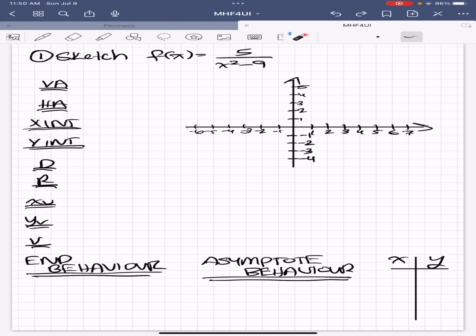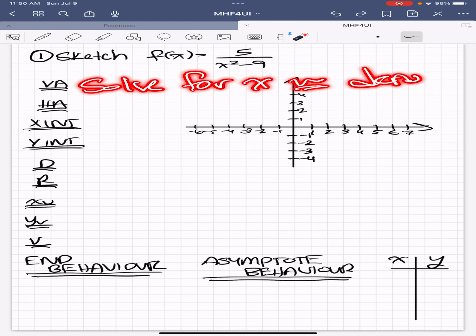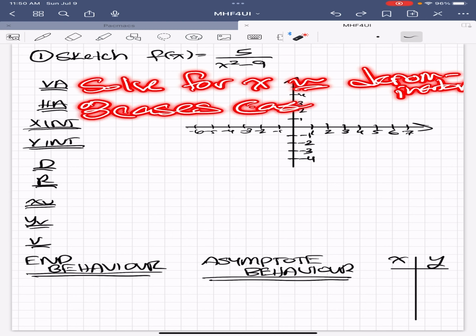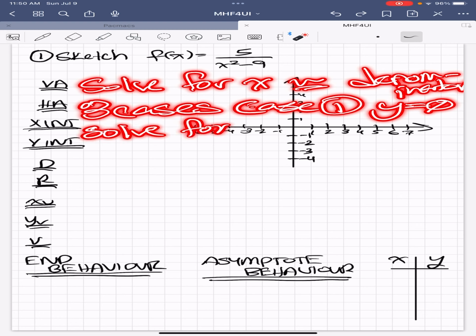So just solve for x with the denominator. Remember the cheat sheet from the previous video of rational functions?